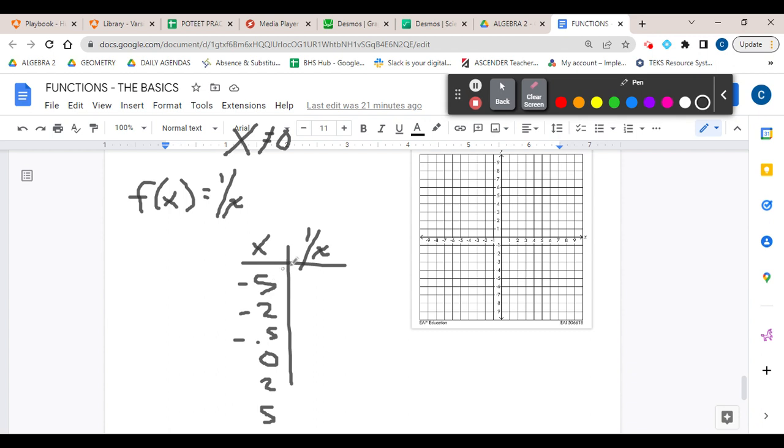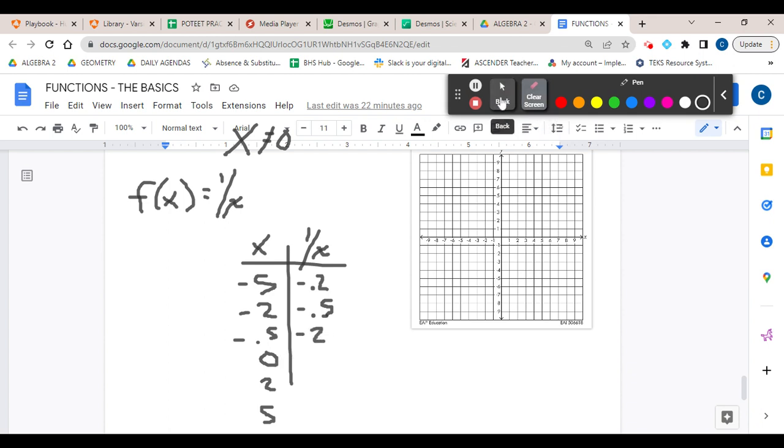If x is negative 5, our y value is going to be 1 over negative 5, which is negative 0.2. If our x value is negative 2, 1 divided by negative 2 is going to be negative 0.5, negative 1/2. 1 divided by negative 0.5 is going to give me negative 2.